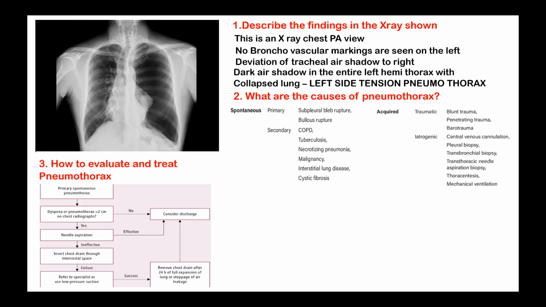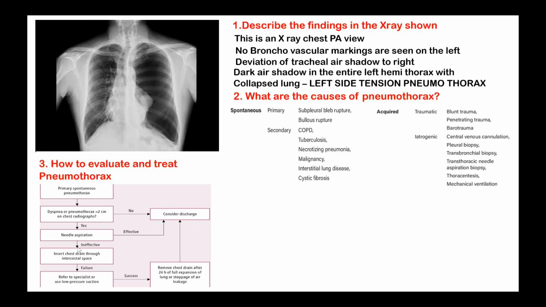Okay, so primary spontaneous pneumothorax: is the patient dyspneic, or is the pneumothorax more than 2 centimeters on the chest radiograph? If no, the patient is not dyspneic and the air collection is very small, you don't have to interfere at all. The patient can be discharged. But on the contrary, if the patient is dyspneic or the pneumothorax is bigger, you can try needle aspiration. If it is effective, you can just discharge the patient.